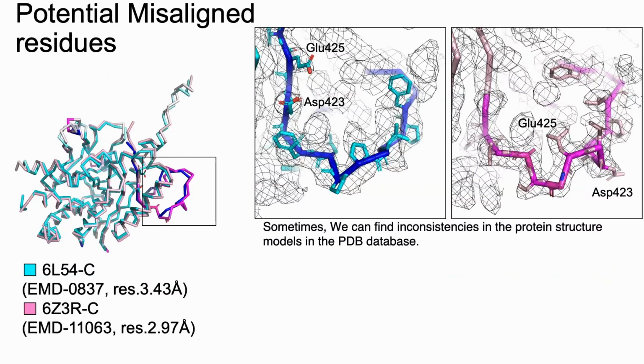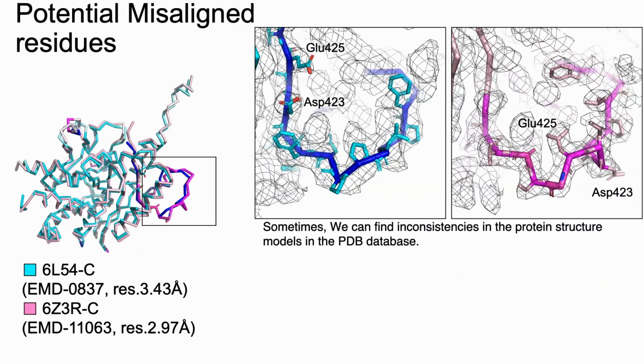So why did we develop this program? Because we noticed that some PDB entries have significant modeling errors. This is a very interesting example. Maybe you can look at the PDB website: 6L54 and 6L3K. These two models have a completely identical sequence, the same protein.